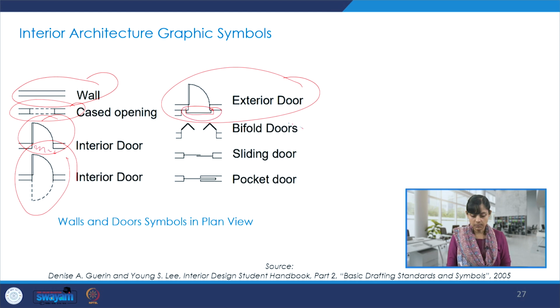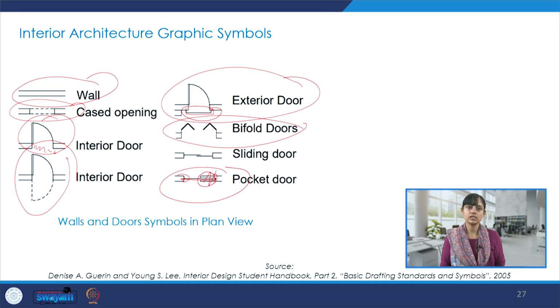There could be a bifold door, a sliding door, or a pocket door where this thing goes inside this and fits over here. So we have all these symbols, and it's a very precise and concise way of showcasing certain building elements, material typologies, movement patterns, and direction connotations. All of this could be done using these graphic symbols.